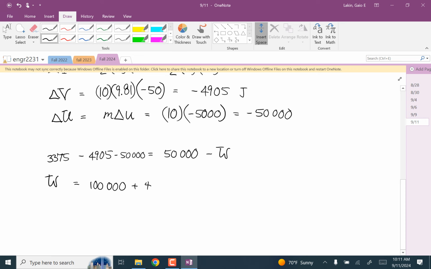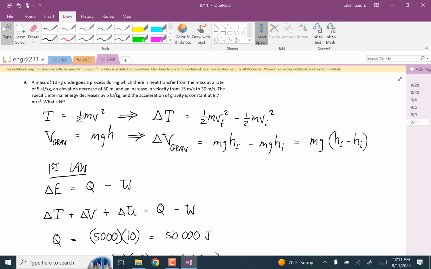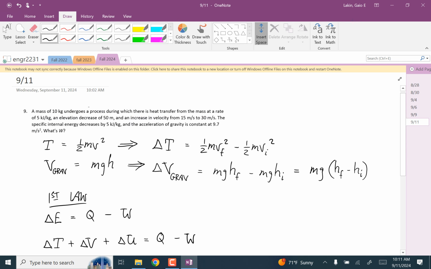Okay, so W is equal to, let's see, we got 100,000 plus 4905. Well, okay, so if it's losing heat, would Q also be negative? Yeah, remember heat is energy. Right, but it's from the mass, so it'd be out of it, right? Right, our system is the mass. Where does it talk about the heat? At the top line. Heat transfer from the mass.